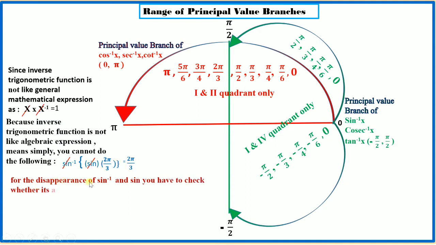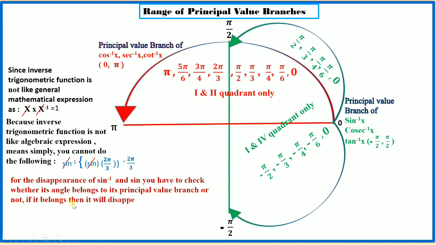For the disappearance of sine inverse and sine, you have to check whether its angle, this one, belongs to its principal value branch or not. That means if the angle doesn't fall in this category, in case of sine inverse, for example the first and the fourth quadrant, if the angle doesn't belong, then you cannot simply cancel it. So you have to check whether it belongs to its principal value branch or not.